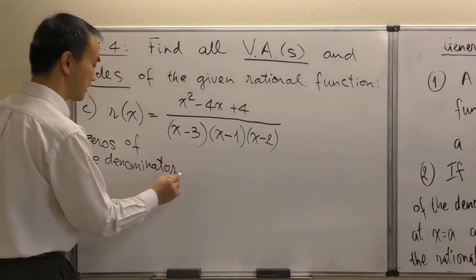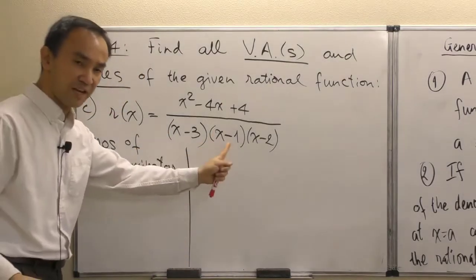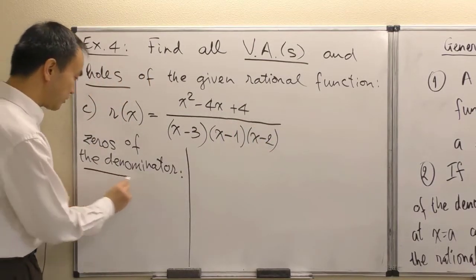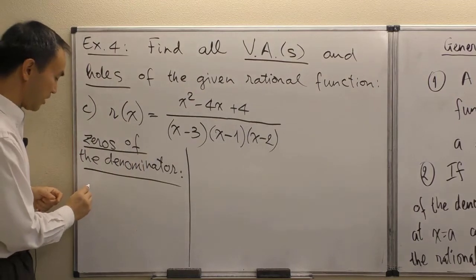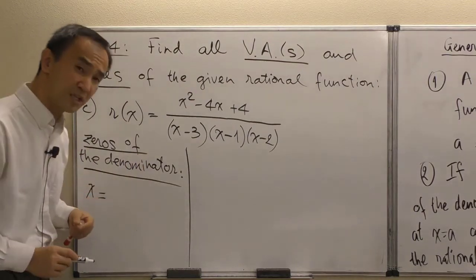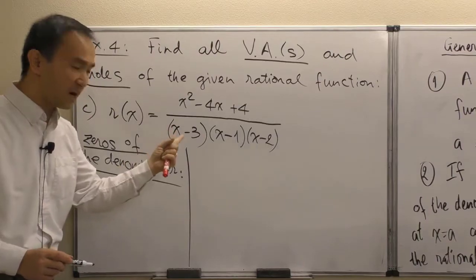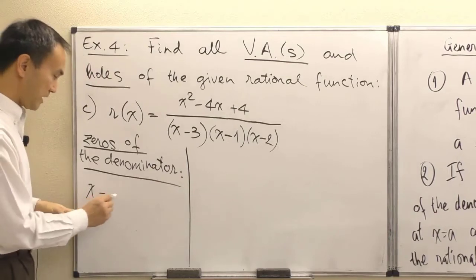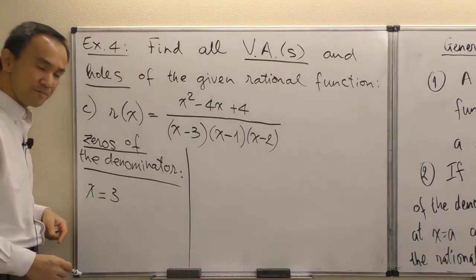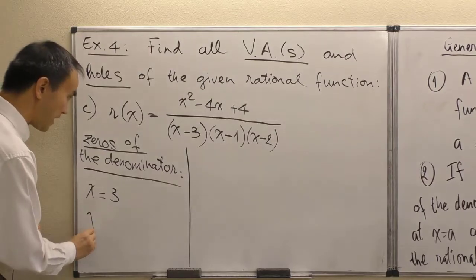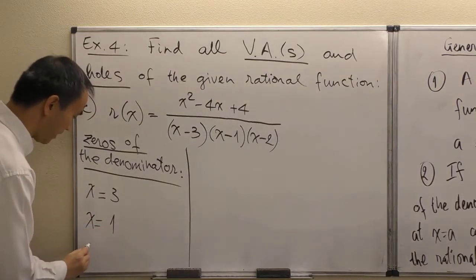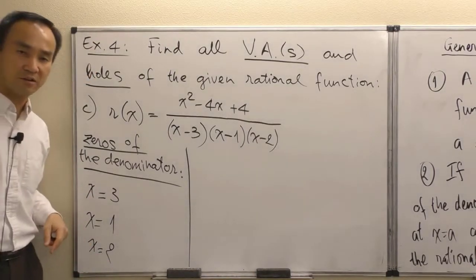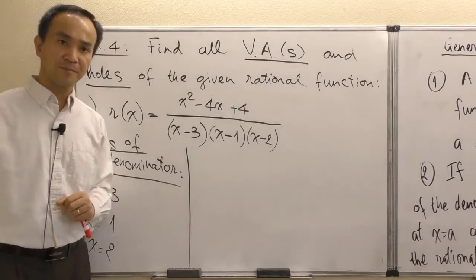Our denominator has the advantage of already being in factor form, so we can easily list the zeros, assuming anyone viewing this lesson is already fluent with finding zeros from the factor form of a polynomial. So it's x equals 3, that's one of the zeros, x equals 1, and x equals 2. These are all the distinct zeros of the polynomial in the denominator of the function.